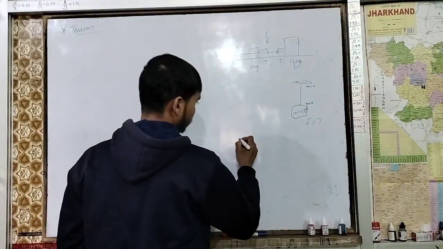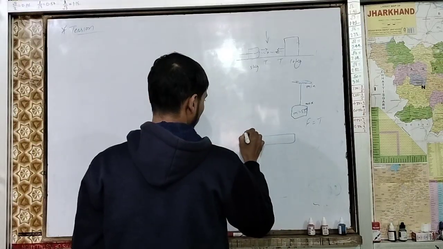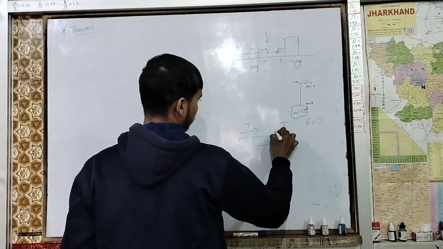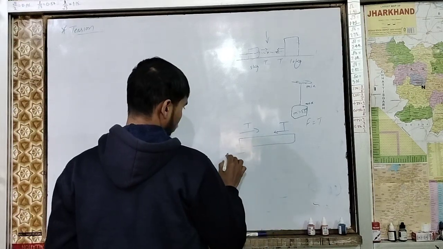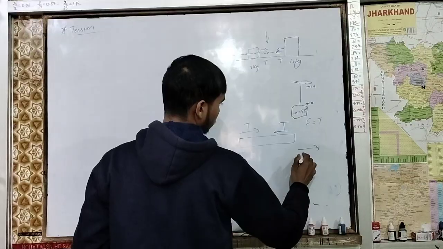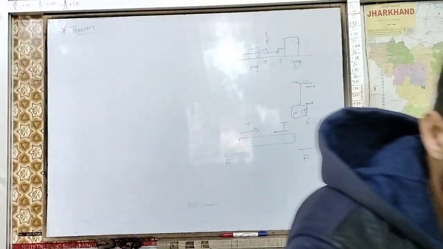It is explaining. This is a box. We know tension will be in this direction over here. So the force is opposite, the direction is opposite, but the amount is the same. So what is happening over here?